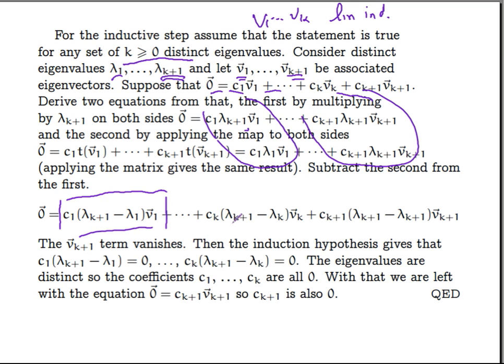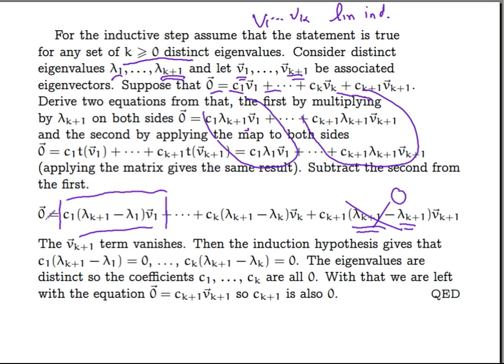Okay, now look at this. Here we have a linear combination of v1 through vk that turns out to be 0. Furthermore, we know that lambda k plus 1 minus lambda 1 is not 0, and lambda k plus 1 minus lambda k is not 0. Now, we know that v1 through vk is linearly independent.